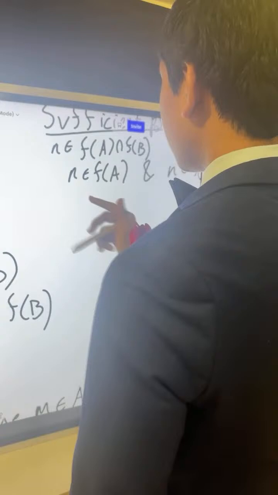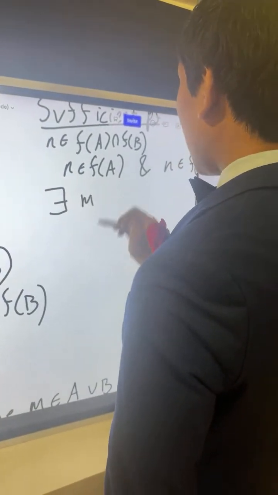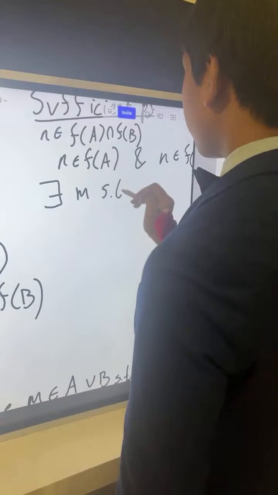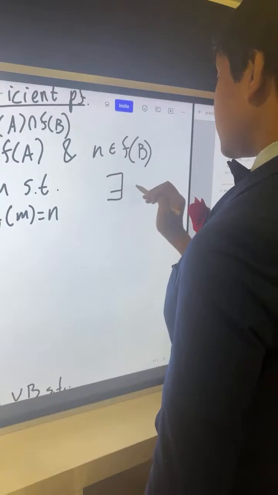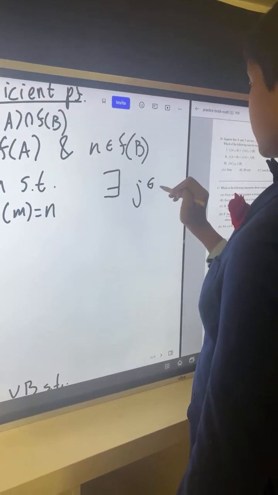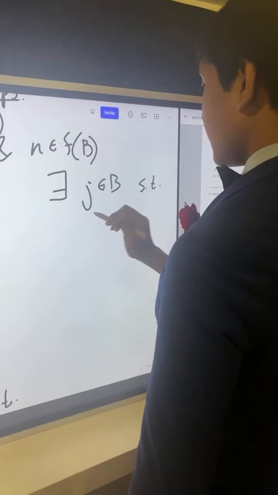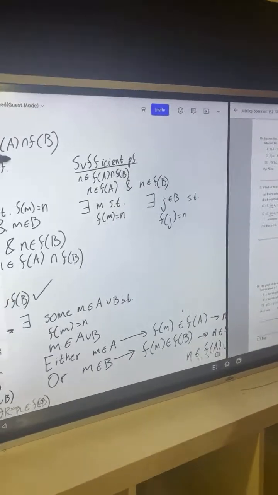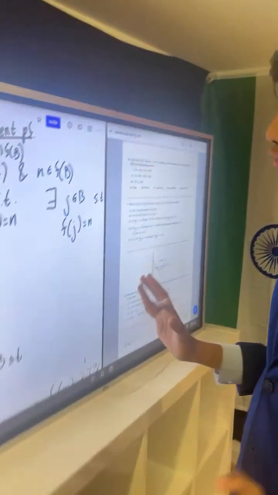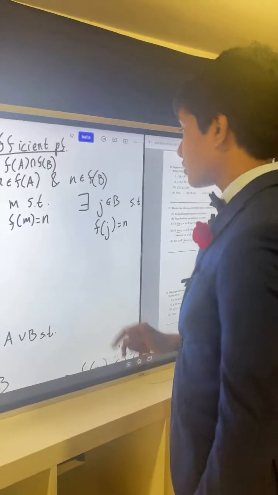That means there exists some m in a such that f of m is n, and that means there exists some j in b such that f of j is equal to n. Remember, it didn't say f was a bijective function. So that doesn't mean it has to be one-to-one, such that every single output can only have one input corresponding to it. We don't know that just from what we're given.